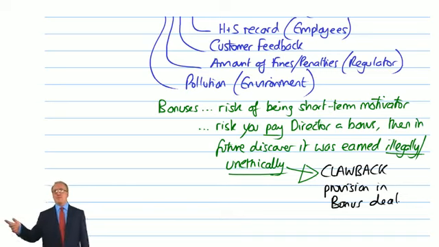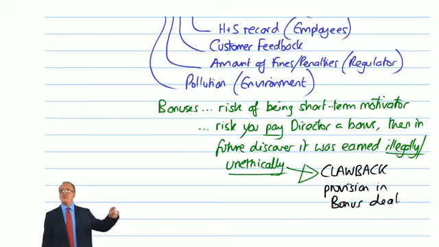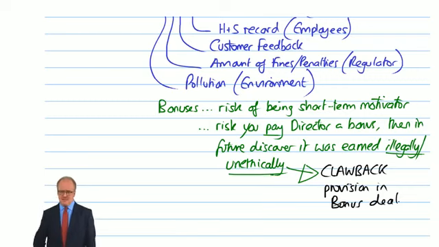Or you defer the bonus, and yet you've earned it, but you're not getting the cash for another 3 years. Or you pay the bonus in shares, which they're not allowed to sell for the next 3 years. So it is possible to make bonuses a bit more long-term if you want to.